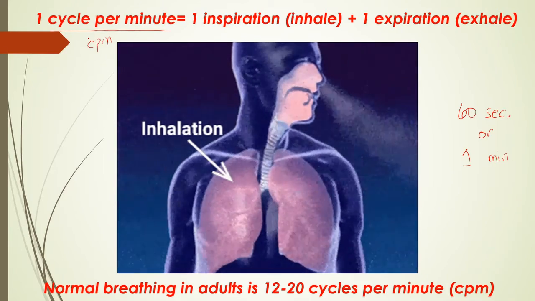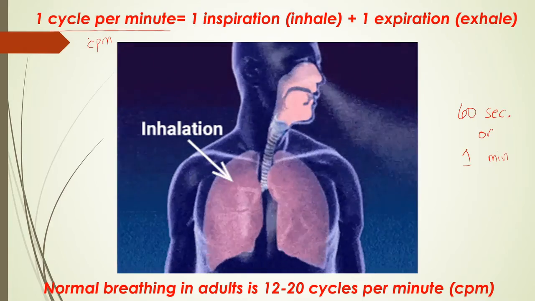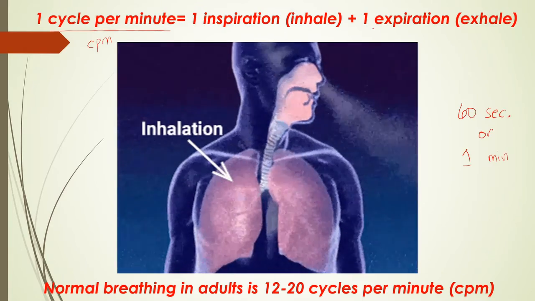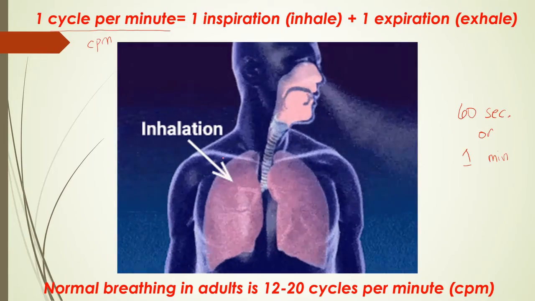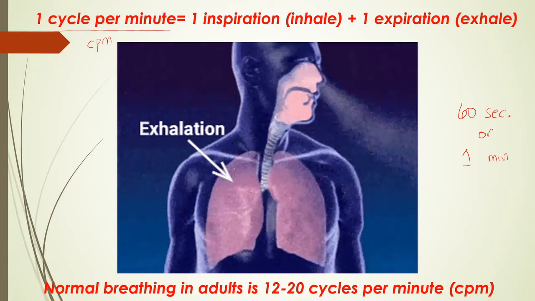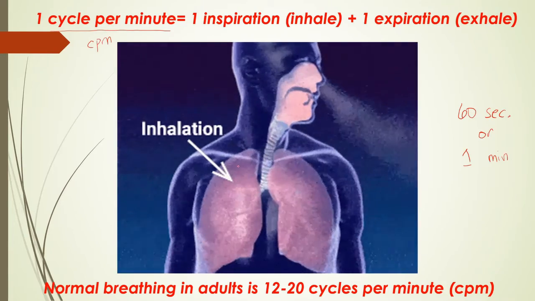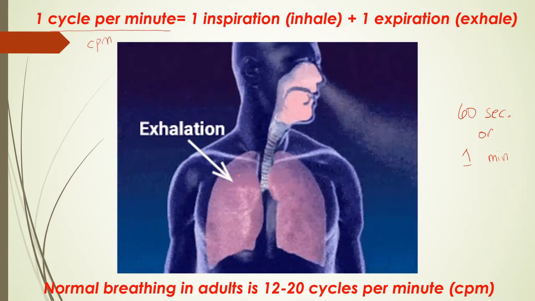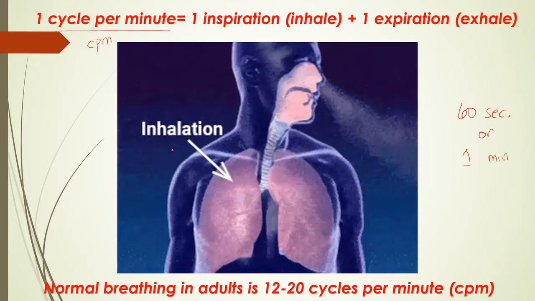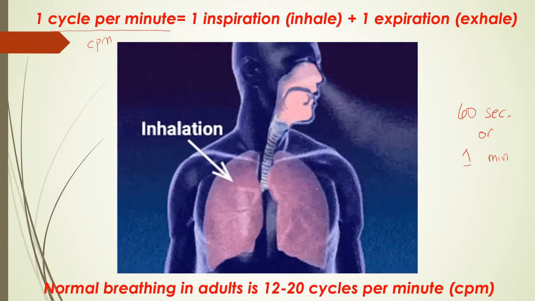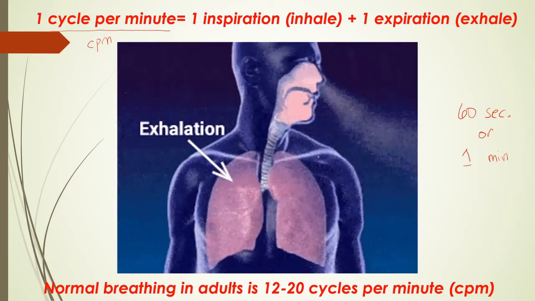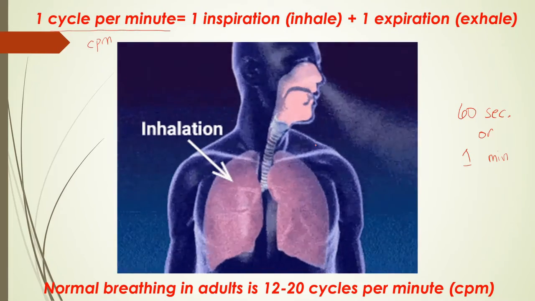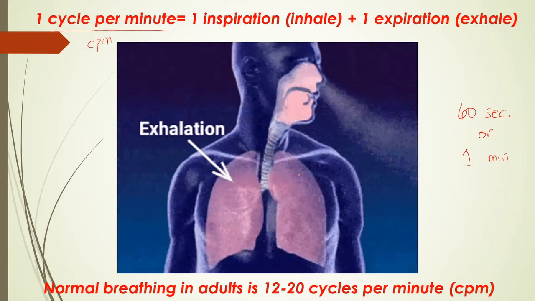If you talk about one cycle per minute, that is one inspiration and one expiration. If we look at the picture here, the man is breathing in and breathing out. If the lungs go up, there's the rise of your lungs and then the fall of your lungs, that is already one cycle.